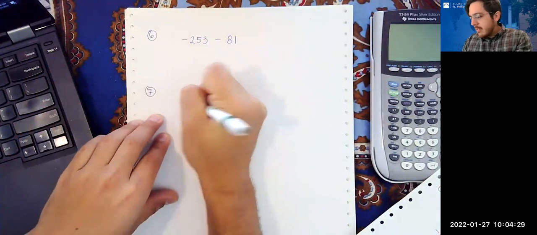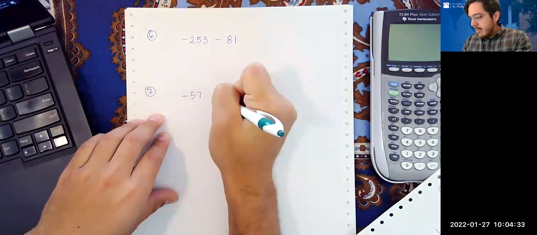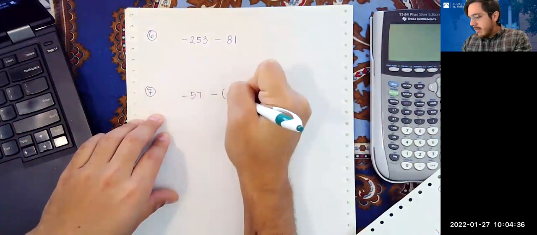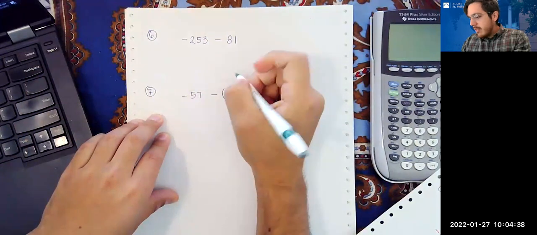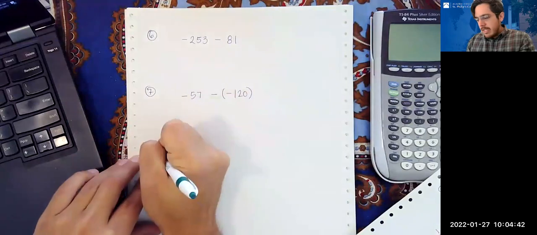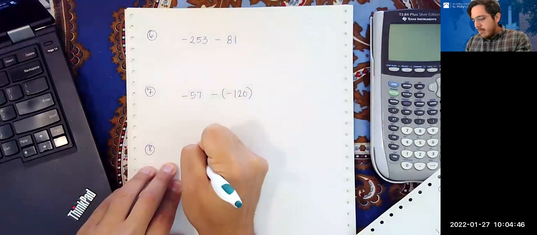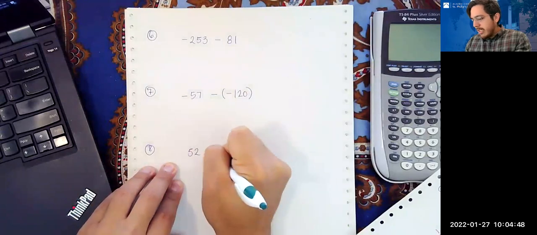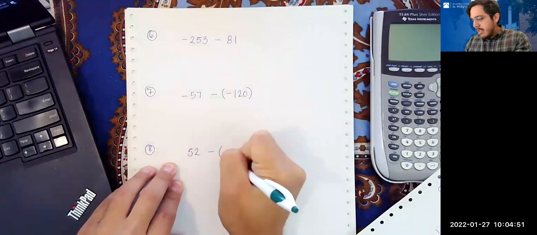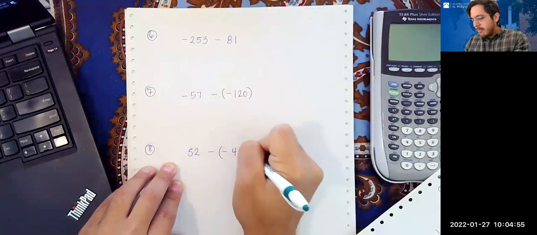We'll do negative 57 minus negative 120. We will go with 52 minus negative 48.